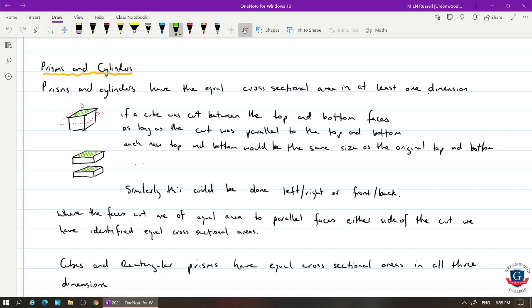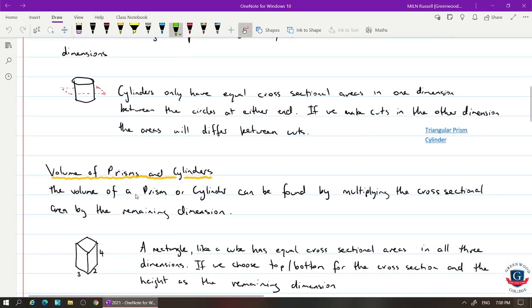Similarly, we could have cut it sideways, we could have cut it across. With a cube, it doesn't really matter which cross-section we take, as long as it's not diagonal. Each cross-sectional face will be parallel to the faces on either side of it, and of equal size.